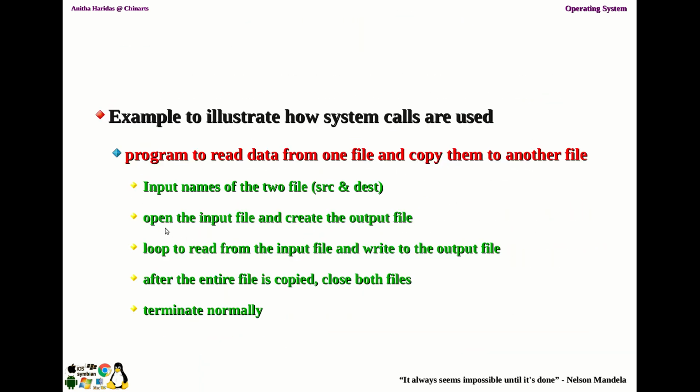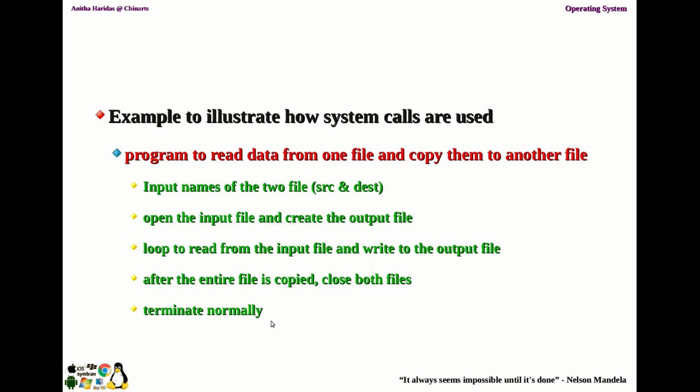For opening that input file, the system calls used for file manipulation are to be invoked. Or if you want to create the output file, or read from the input file, again reading is an input output operation, right? Then you need to close the files. That is also again dealing with file manipulation, right?